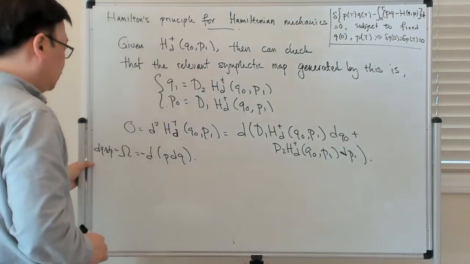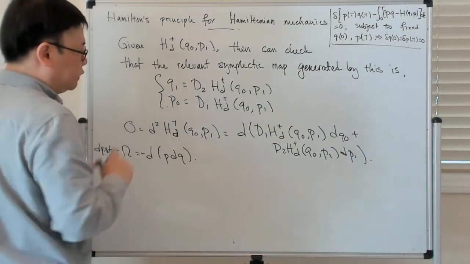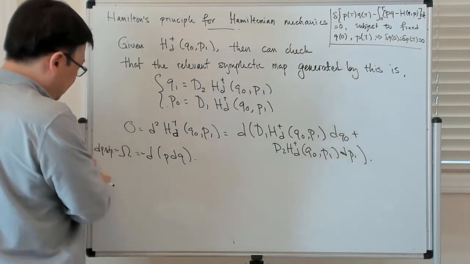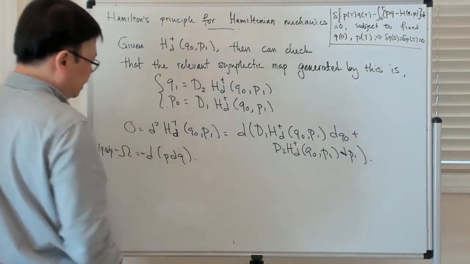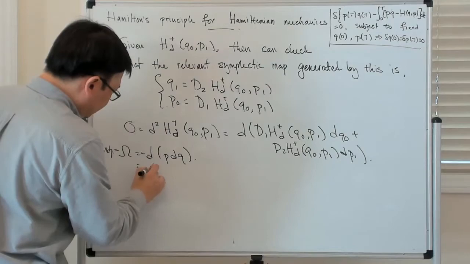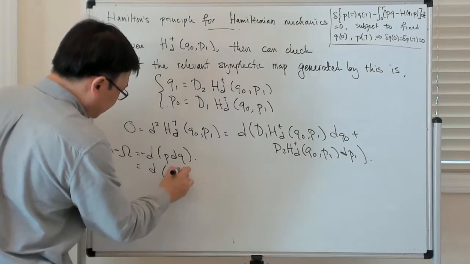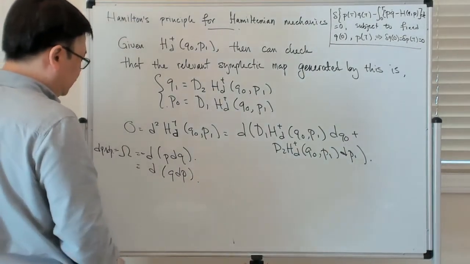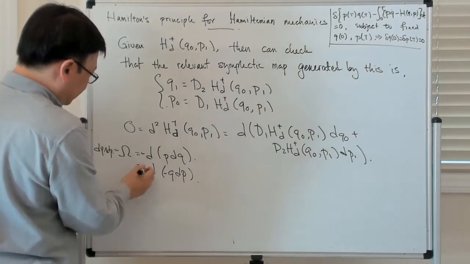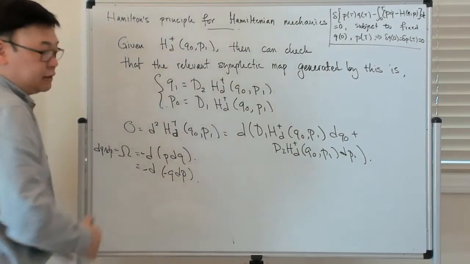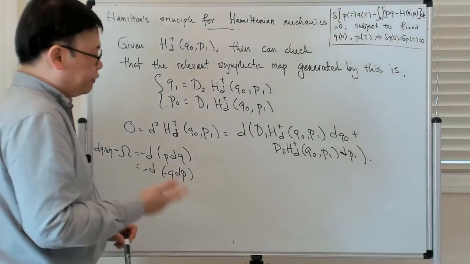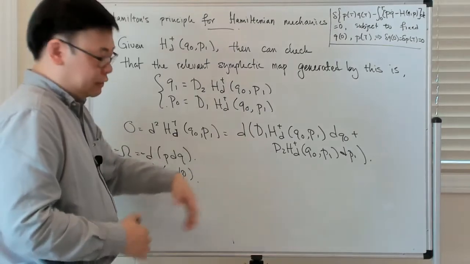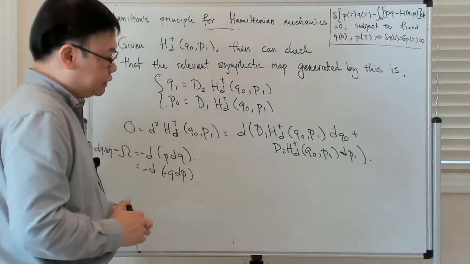The point is that you can choose different one forms which will still give you the same symplectic form. So I can write it as p dq if you prefer, but I can also write this as maybe q dp. If I take d of q dp, then maybe I should put the minus sign here and some minus sign here. So either one of these one forms would work just as well. And if you recall, the basic idea is that you want to identify these partial derivatives with either p or q in the appropriate sense.